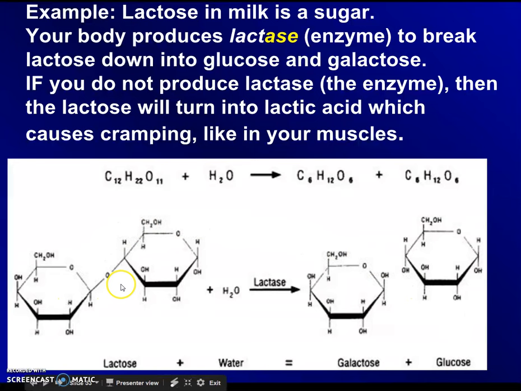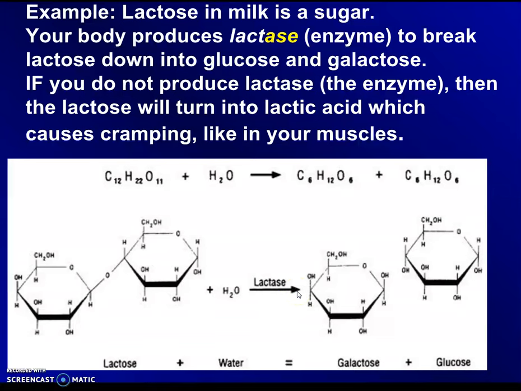And so this reaction would be called not dehydration synthesis, but hydrolysis, because we're going to break this down. I almost said dehydration synthesis. But it's called hydrolysis because we want to break it down, but it won't break it down on its own. It needs a helper. And so when we want to break this lactose down, we use an enzyme called lactase.